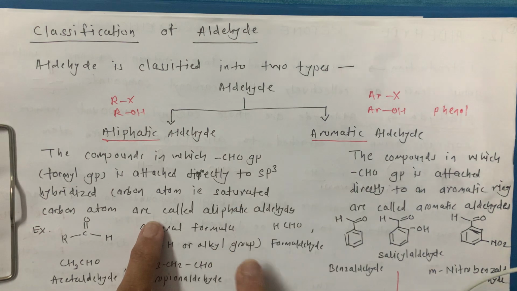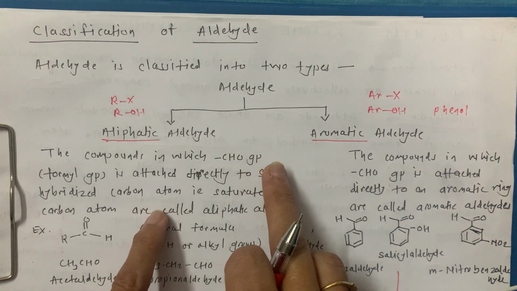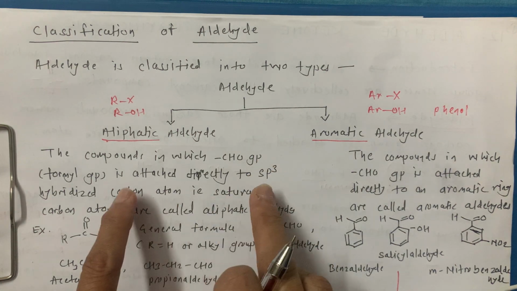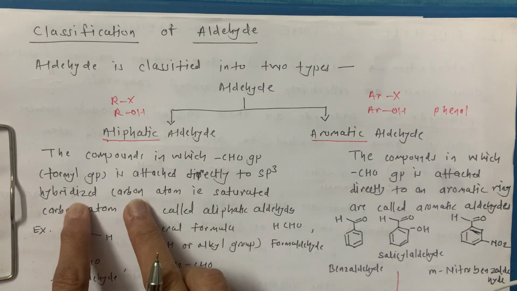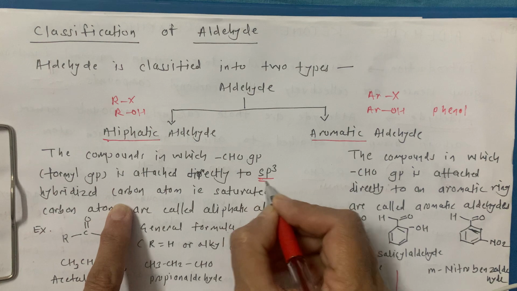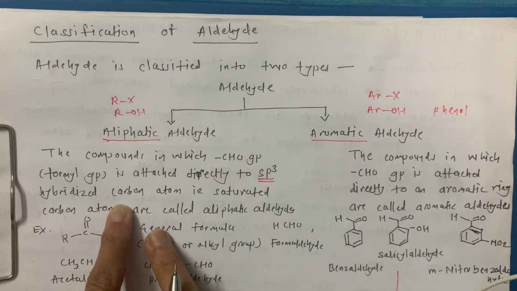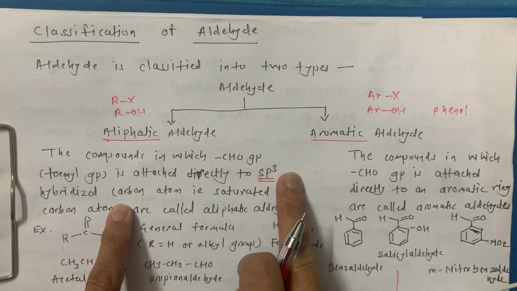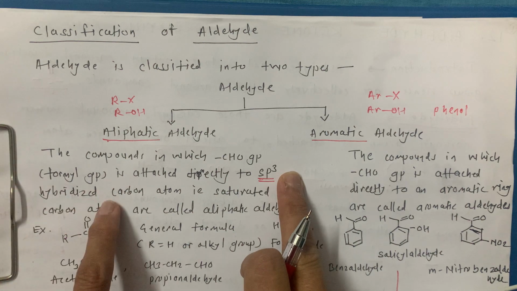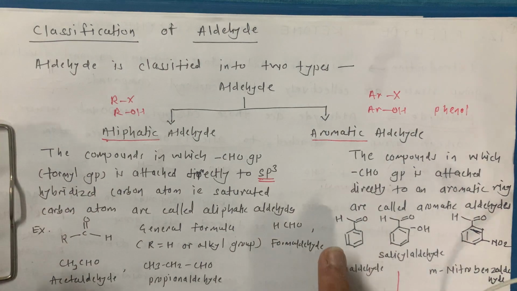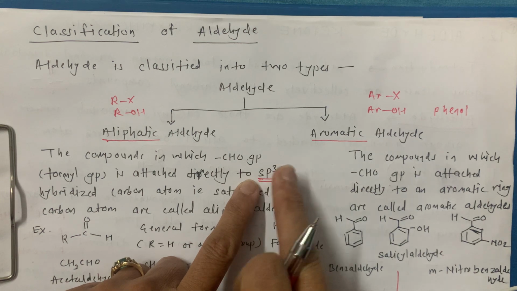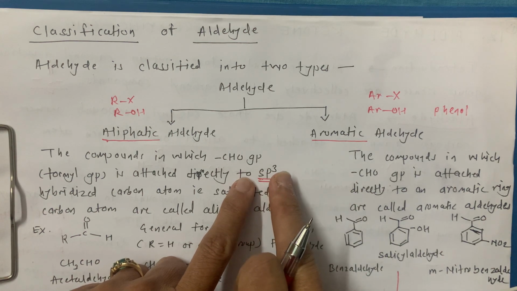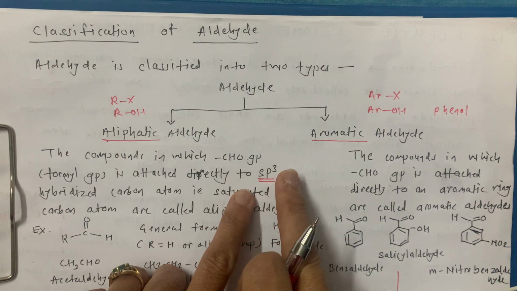Aliphatic aldehyde means the CHO group is attached to a straight chain compound where the carbon is sp3 hybridized. This is important. sp3 hybridized means there is saturation, no unsaturation, so all these are alkanes.